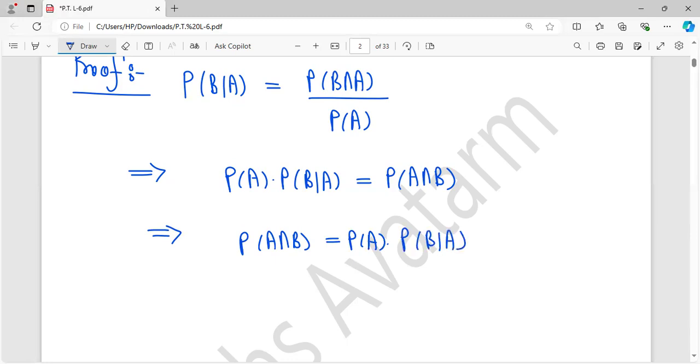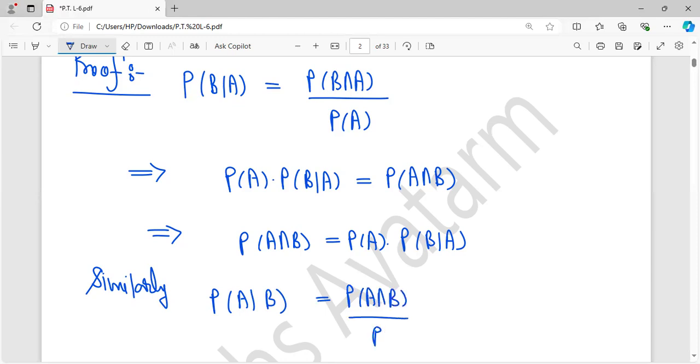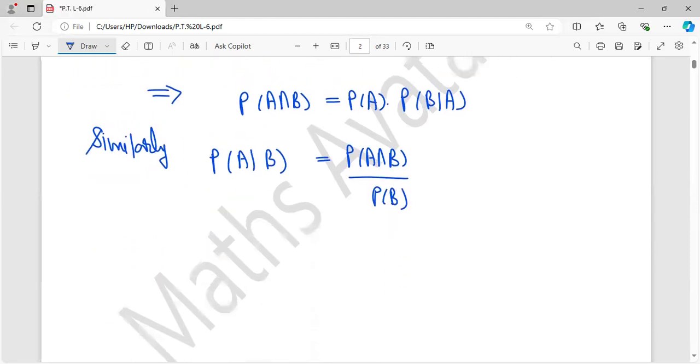Okay. Similarly, P of A relative to B is equal to P of A intersection B upon P of B. Okay.